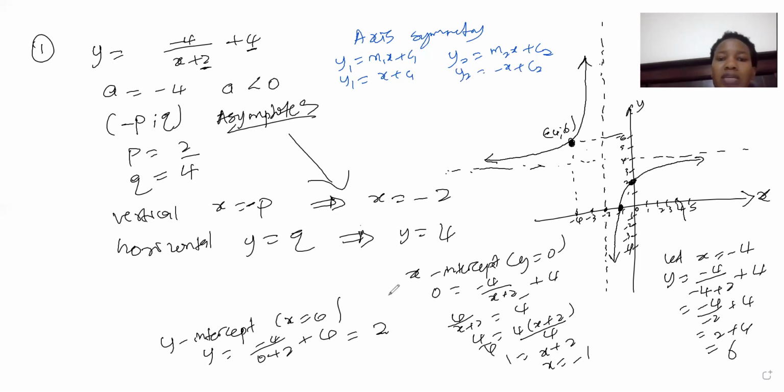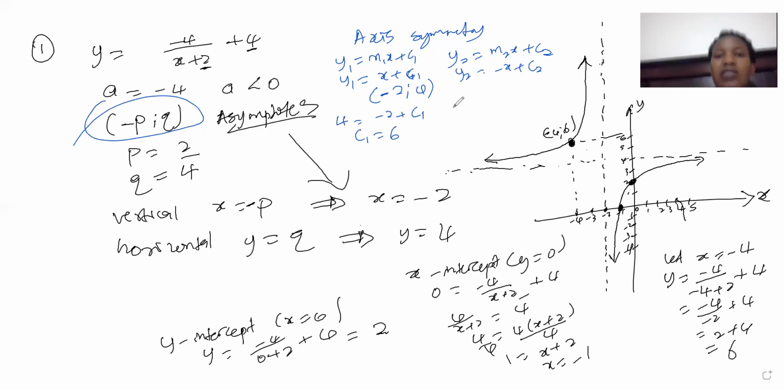Now we're gonna use our p and q, right? Which was our p and q is negative 2 and 4. We're gonna substitute them in each of these equations. So let's start with the first one, which is y1. Y in this case is 4, x is negative 2 plus c1. Therefore, c1 is 6.